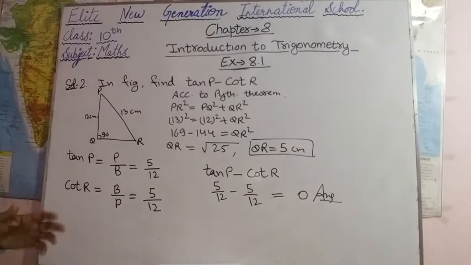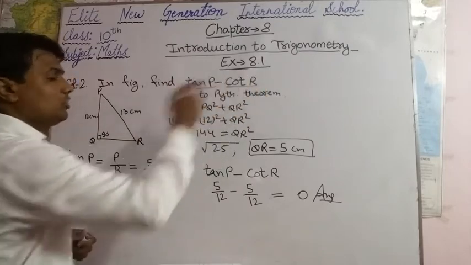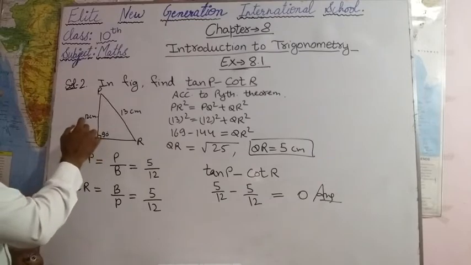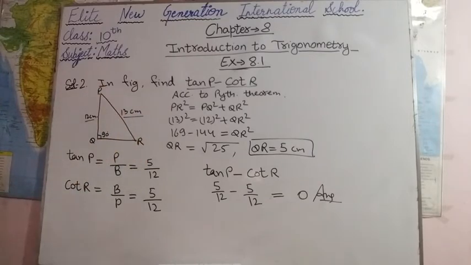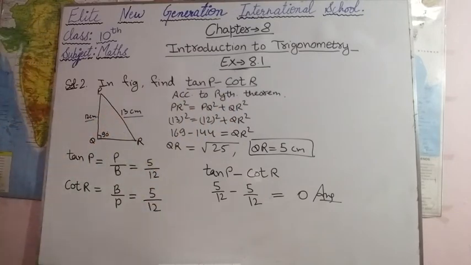So after this, question number second. In question number second, we are given a figure, and we have to find the value of tan P minus cot R. In this diagram, we have the value of PQ equal to 12 centimeter and the value of PR equal to 13 centimeter. According to Pythagoras theorem, in this triangle we can apply Pythagoras theorem.